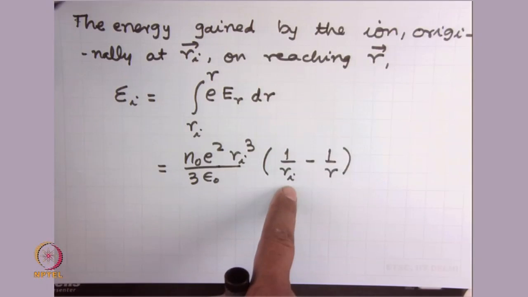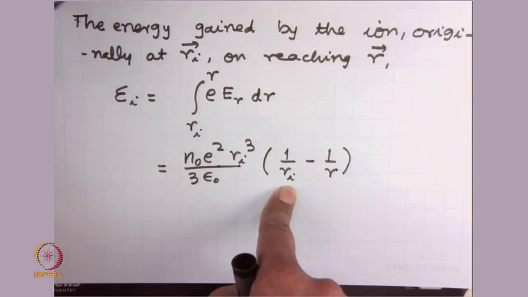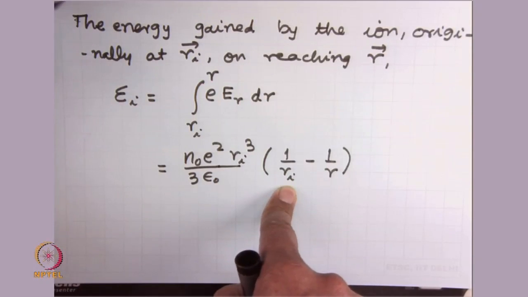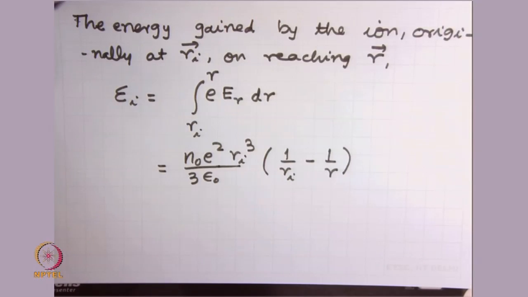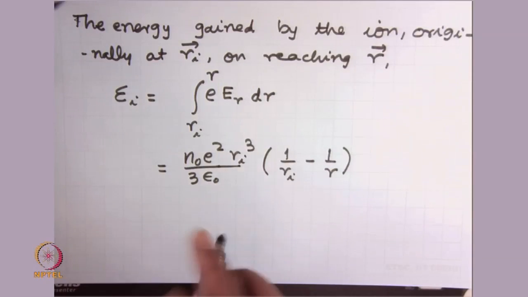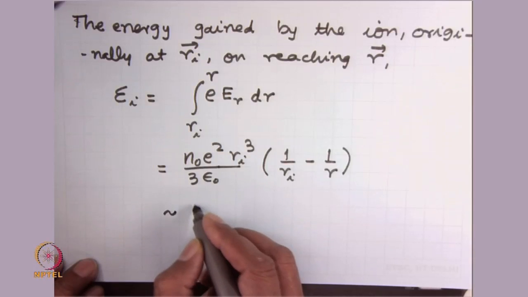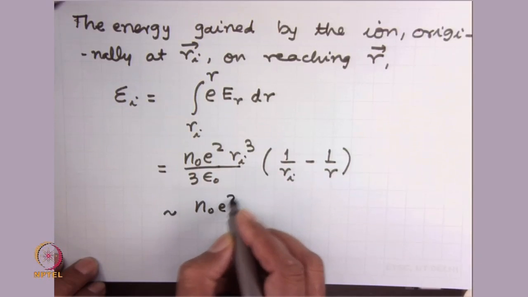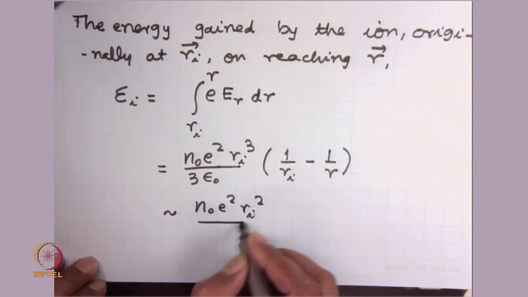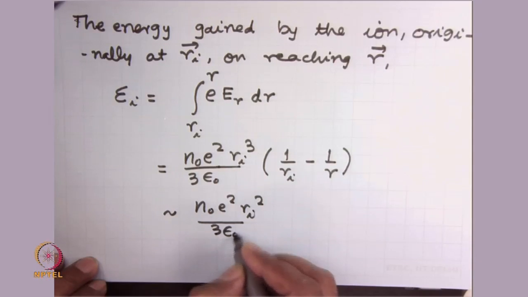If I choose Ri, obviously it has to be less than Rc, because the total cluster radius is Rc. So ions are there between 0 and Rc, and this r could be maybe when the cluster has expanded to a radius of 2 Rc or something. So this could be smaller than this, and hence the typical energy gain will be of this order: N0 e square Ri square upon 3 epsilon 0.